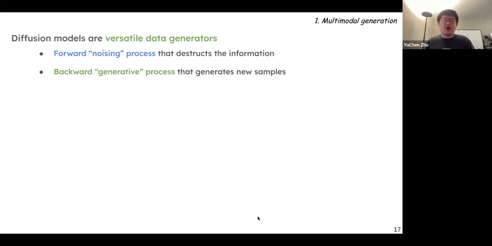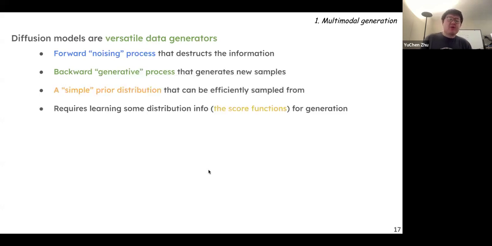For the most important, of course, we need a pair of dynamics: a forward noising process that destroys the information, turning any data distribution into a good prior distribution, and a backward process that reverts what we described before, starting from the prior and generating new data from the data distribution.